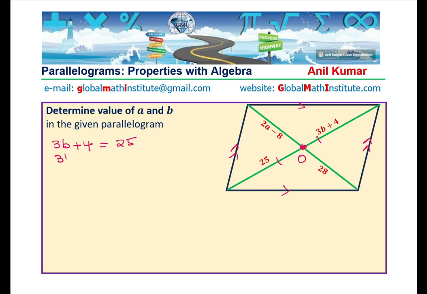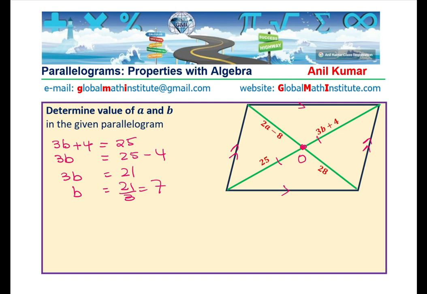That means 3b equals 25 minus 4, or 3b equals 21, or b is equal to 21 over 3, which is 7. Correct? Okay. So we know that the value of b is now 7.